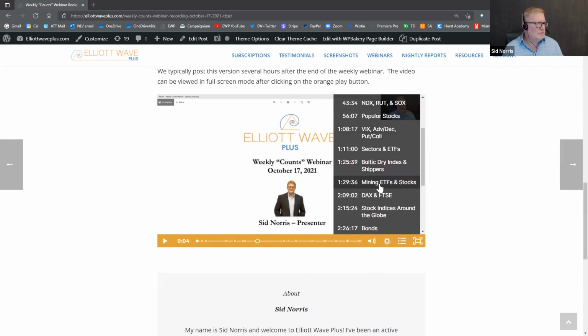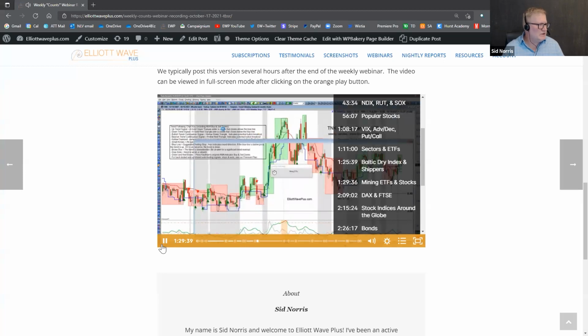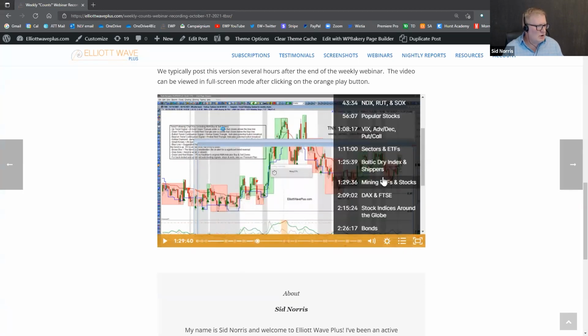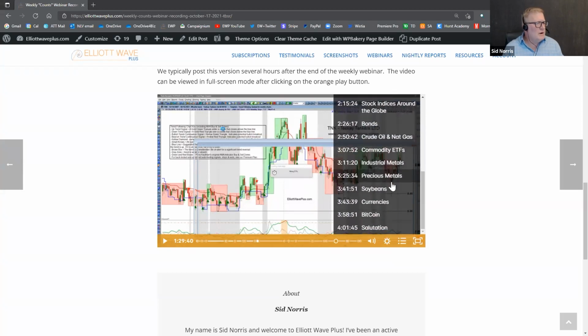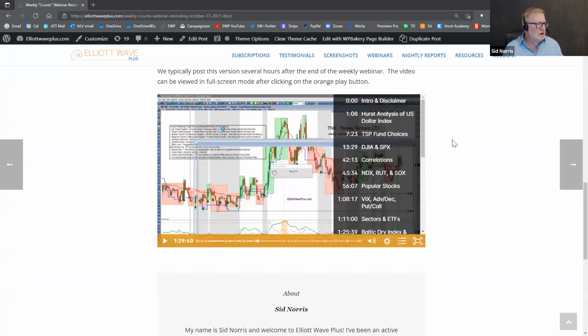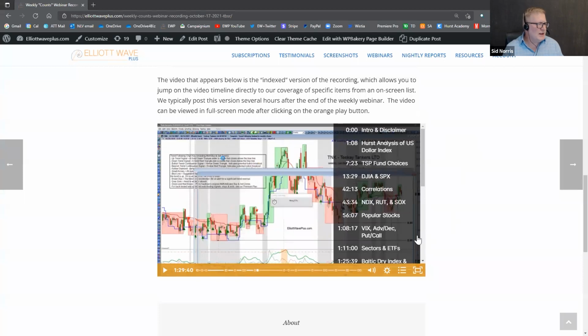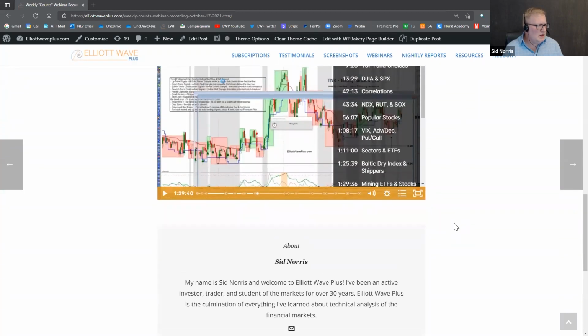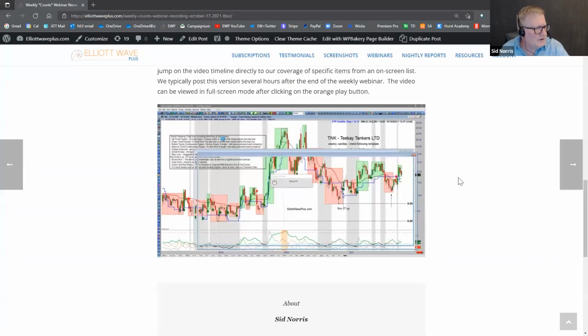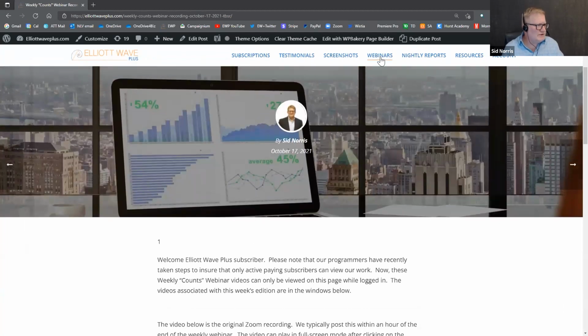For instance, if you're interested in mining stocks, that's at an hour and 29 minutes into the timeline. You can click on that and it jumps straight to the coverage of the mining. You can use this on-screen menu to jump to the items you're most interested in. That also is posted usually late Sunday afternoons here in the Midwestern US. You can go full screen with that and watch it. So that's under the webinars tab.